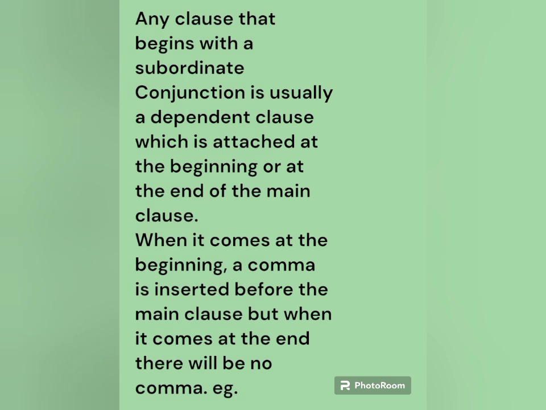Any clause that begins with a subordinate conjunction is usually a dependent clause, which is attached at the beginning or at the end of the main clause. You have to note here that when it comes at the beginning, a comma is inserted before the main clause. But if it comes at the end, then there will be no comma.